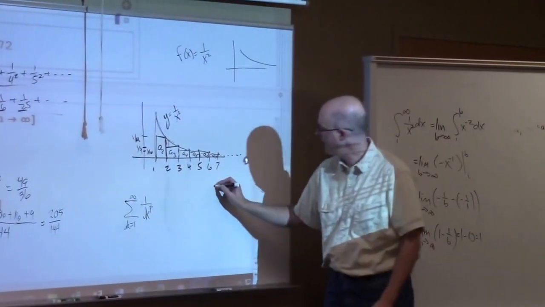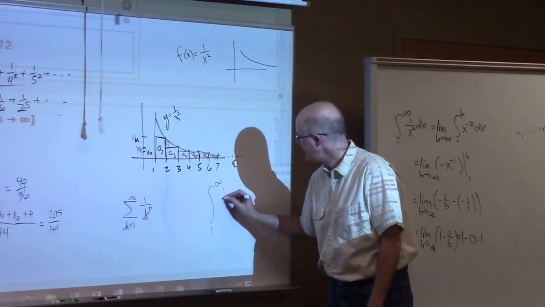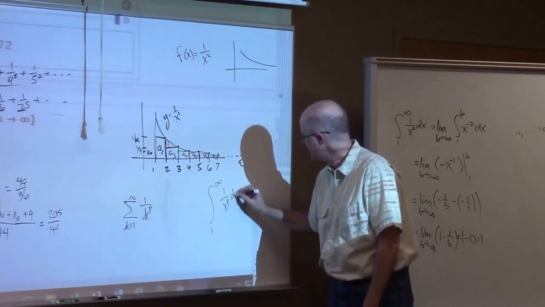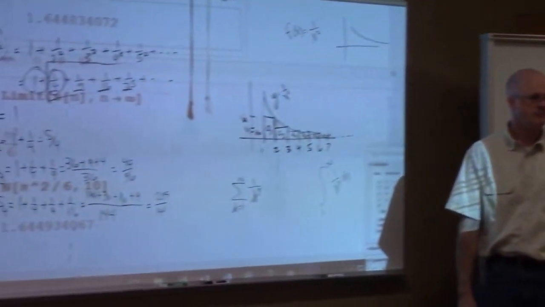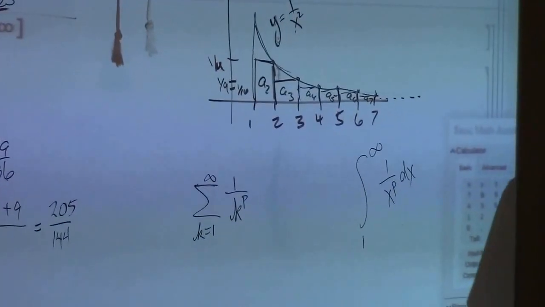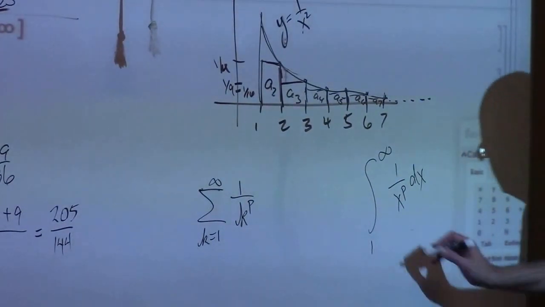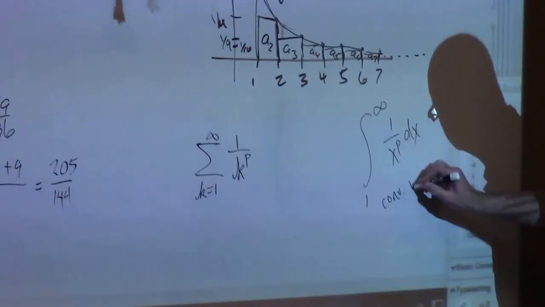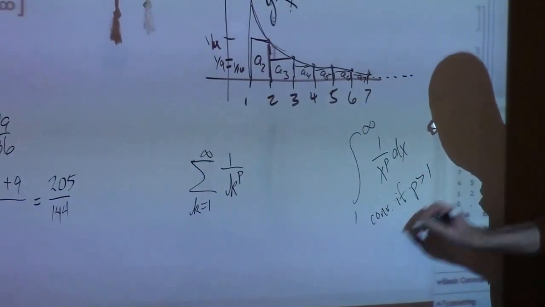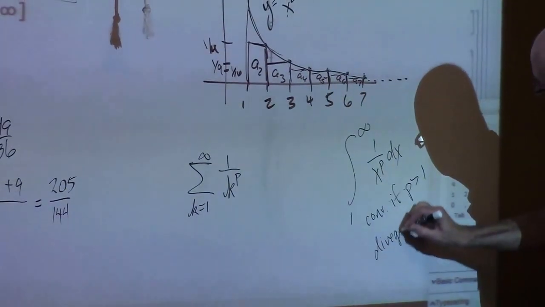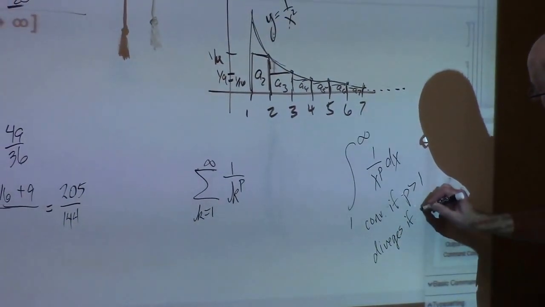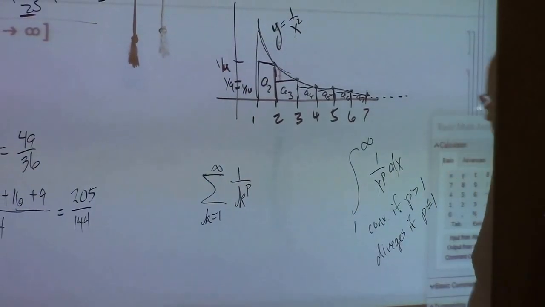We know that the improper integral of this converges if p is bigger than 1 and diverges if p is less than or equal to 1.